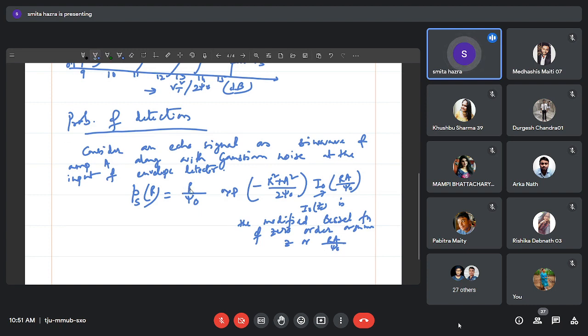Now let us make it clear what this is. This R is the noise envelope, and it is also the signal envelope that we are getting across the detector.